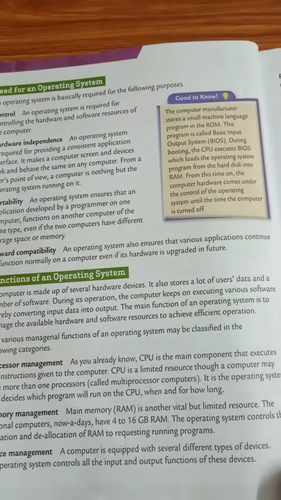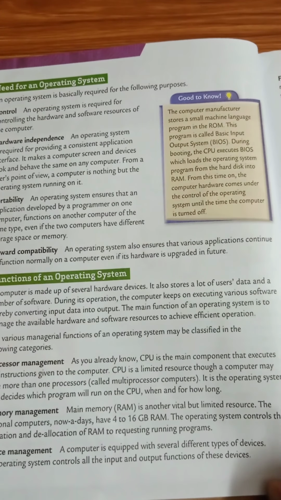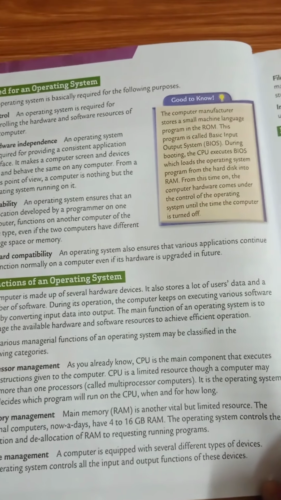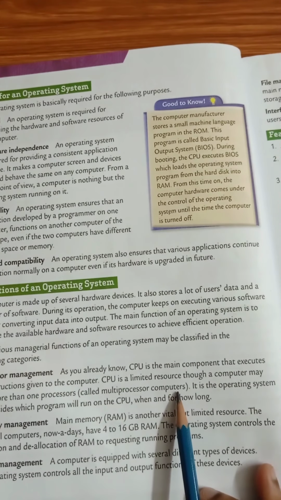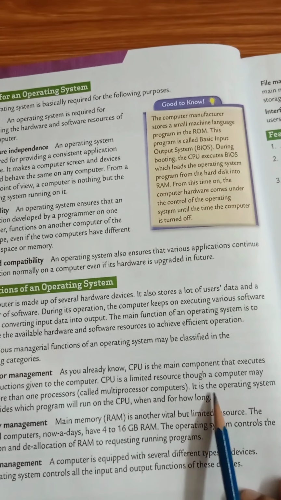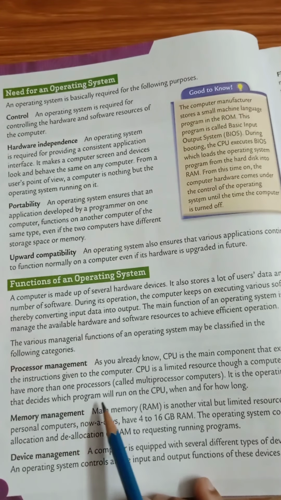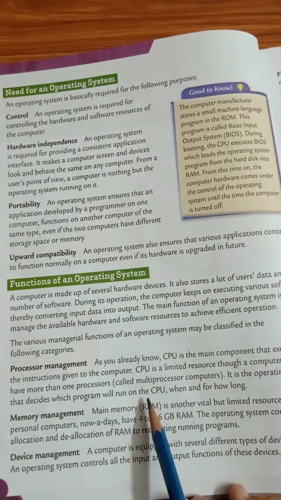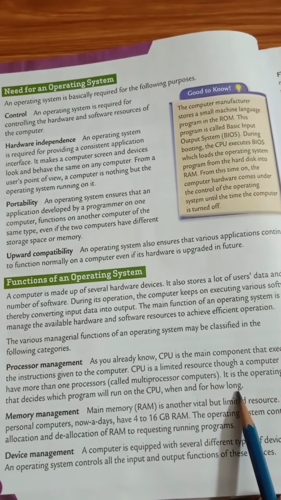So when we have multiple processors or multiple CPUs in a single computer, then it is called a multiprocessor computer. It is the operating system that decides which program will run on the CPU, when and for how long.